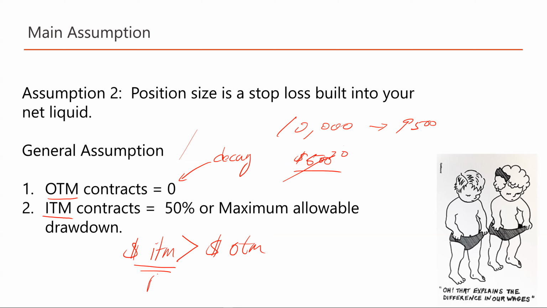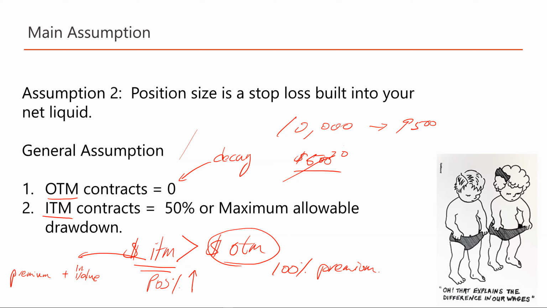However, the probability of success actually increases significantly when you pick these up because they have actual value associated with it, and the decay is a lot less. Where this one has pure extrinsic value, 100% premium, whereas the in the money is a combination of premium plus value, also known as intrinsic value. Okay, so they call it extrinsic value and intrinsic value.